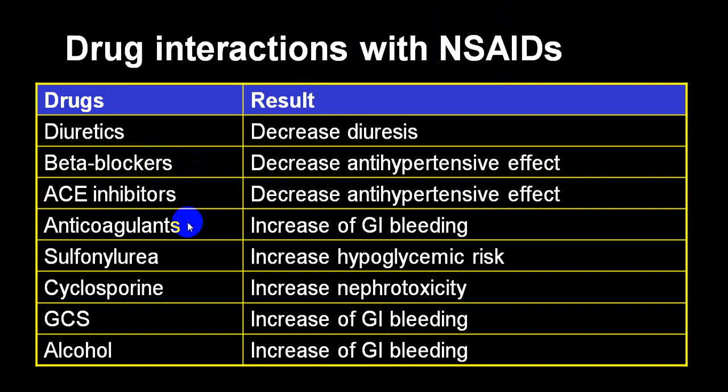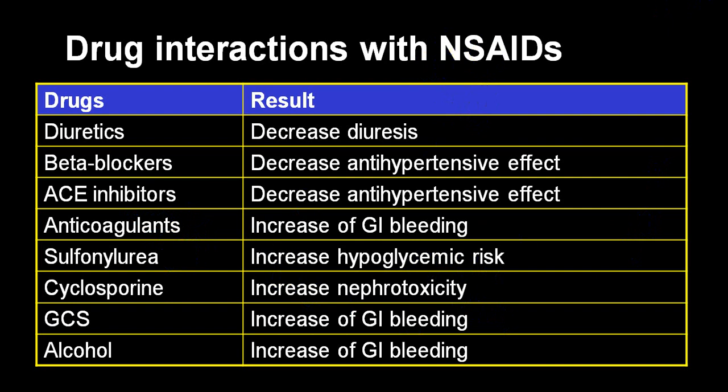On anticoagulants, particularly aspirin, will increase GI bleeding. And even other non-steroidal anti-inflammatory drugs will increase the chances of GI bleeding if a person is on an anticoagulant. As far as sulfonylurea is concerned, it will increase hypoglycemic risk, because some of the NSAID will increase hypoglycemia.